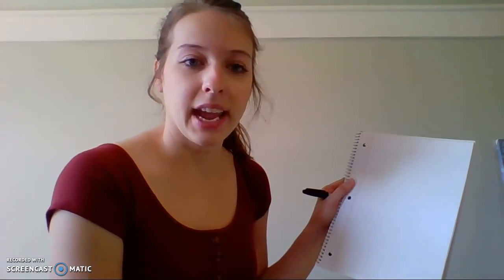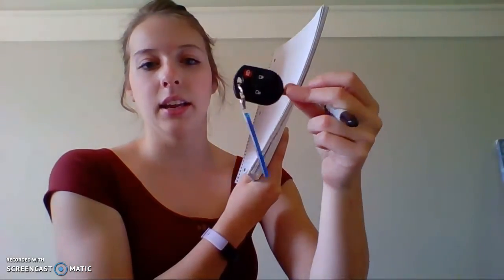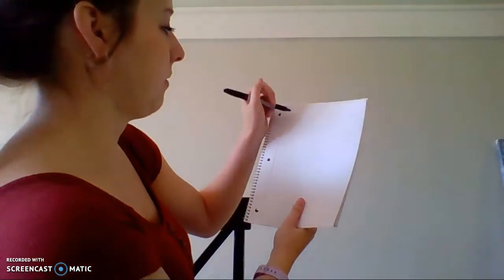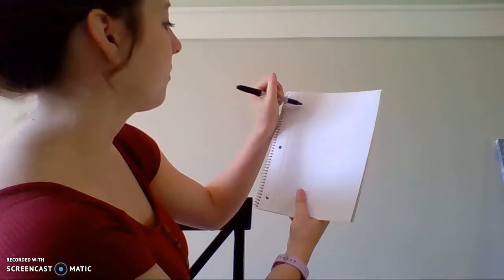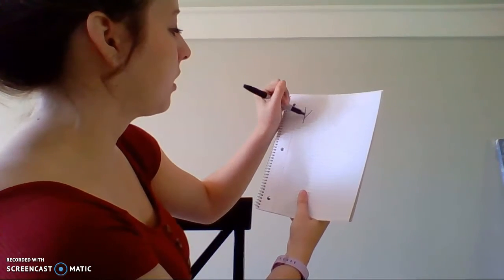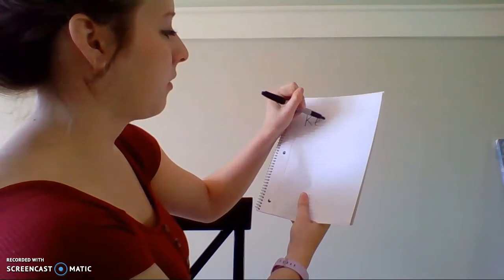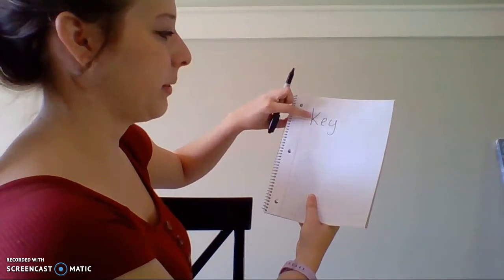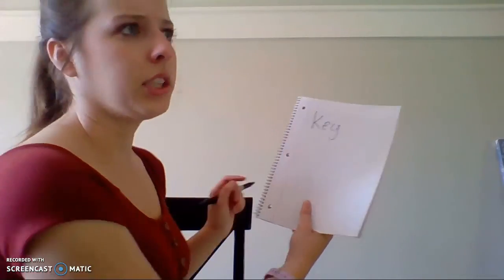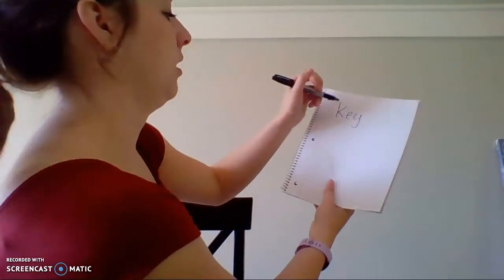The last thing I want to do is make a list of some of our K words, and then you can make a list of your own K words. Remember we talked about a key? Let's write the word key. K, E, Y. Key starts with a K. Let's write the word kick.